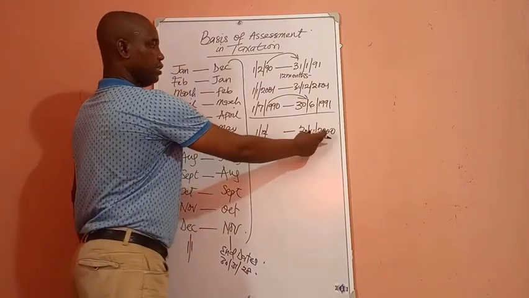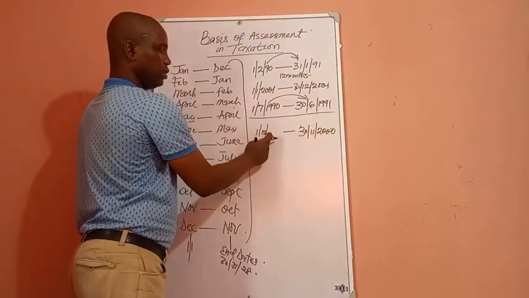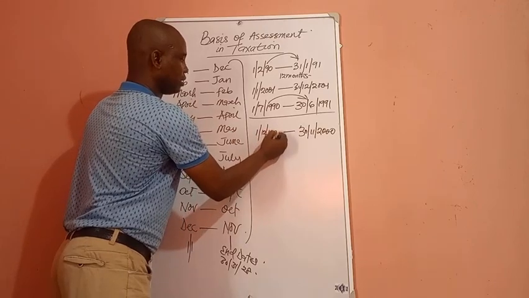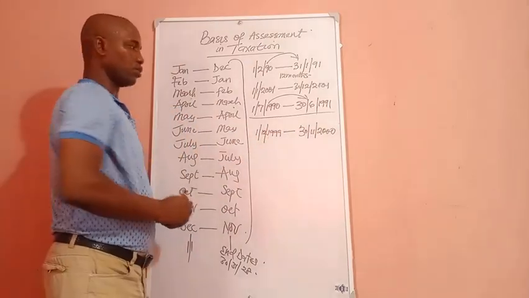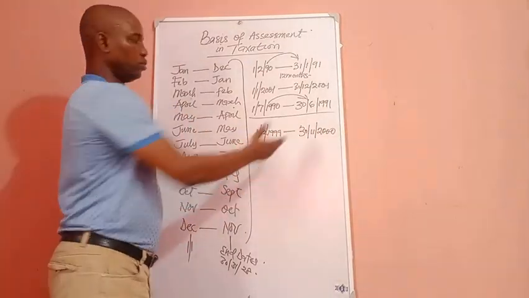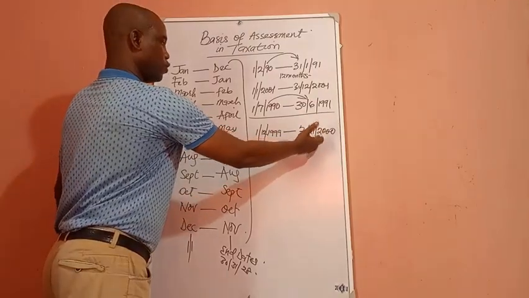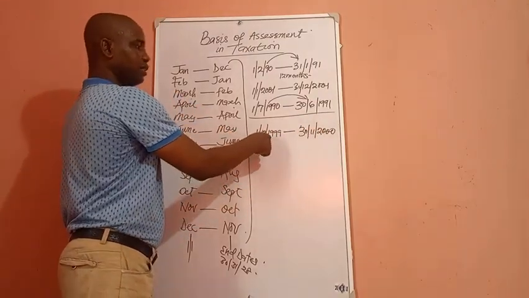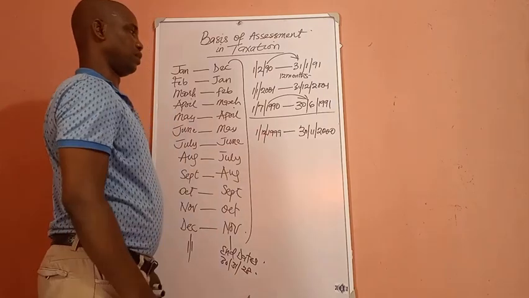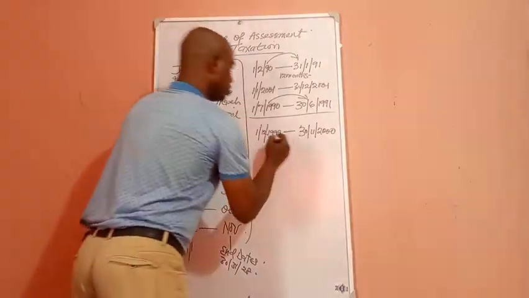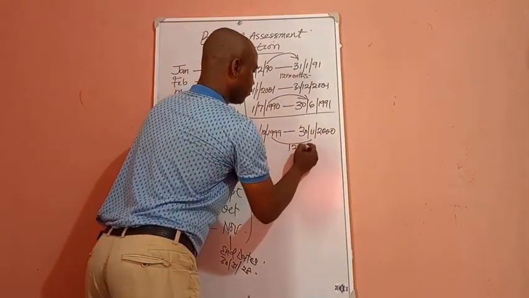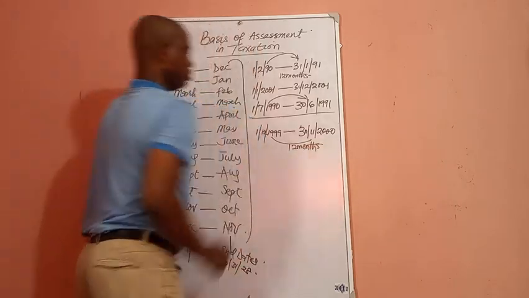Now this is the year 2000. This is going to be 1999. Yes, because it's not January. So 2000, count 12 months back, you get 1st December 1999. So this is 12 months, but you counted from right to left.